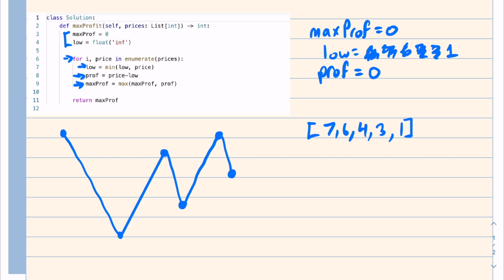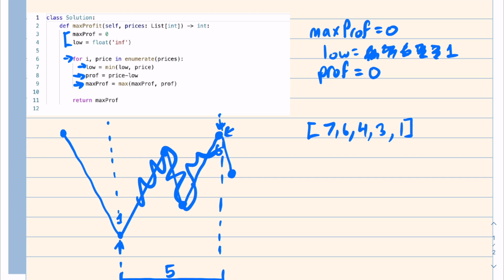We want to buy at the lowest point that we can possibly get to, and sell at the highest. So in this case, this would have a value of 1, and this is 6. It doesn't really matter what the stock does within this time frame, as long as we can eventually sell on a higher date. Then we would have gotten that big profit of 5, and the rest of this does not really matter, what happens in between.